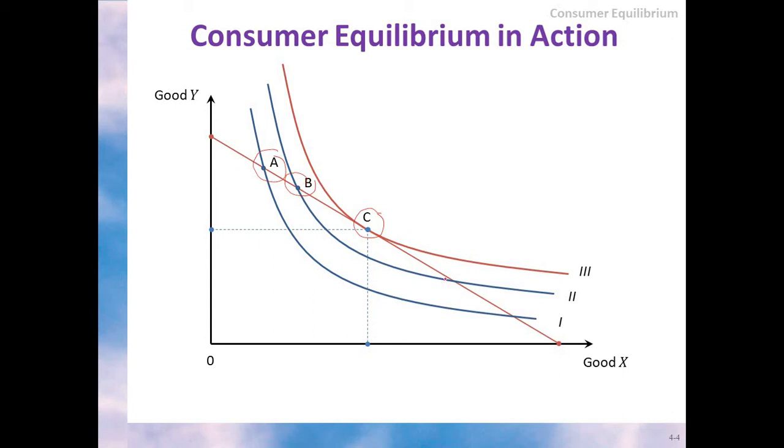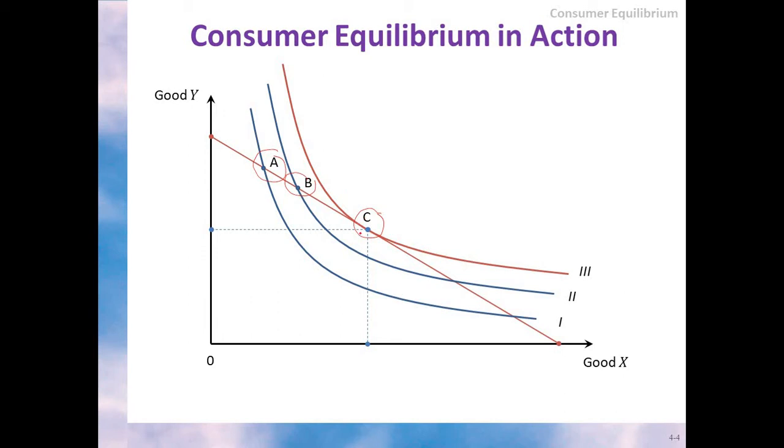If you look into the indifference curves, you should notice that A lies on indifference curve 1, B lies on indifference curve 2, and C lies on indifference curve 3.